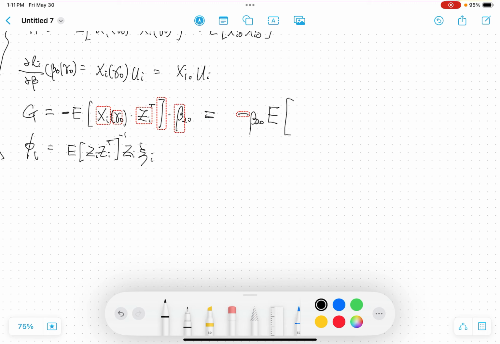This times z0 gamma 0 transpose, zi is what we are going to use here times zi.